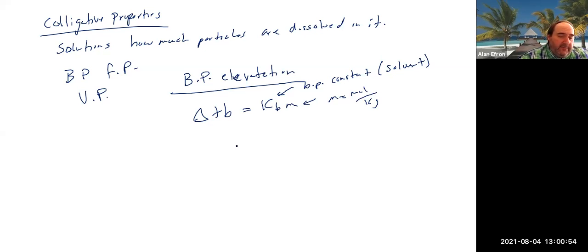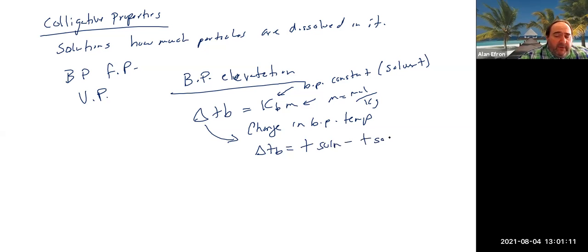Remember that this is not the boiling point temperature, but the change in the boiling point temperature. Because the temperature is elevated, it's defined as the temperature where the solution boils minus the temperature where the pure solvent boils. As we talked about, it's really important to make sure that you add or subtract correctly and get to the right value for that.